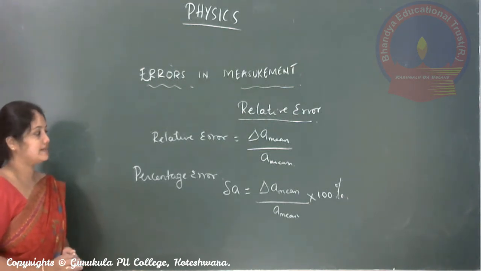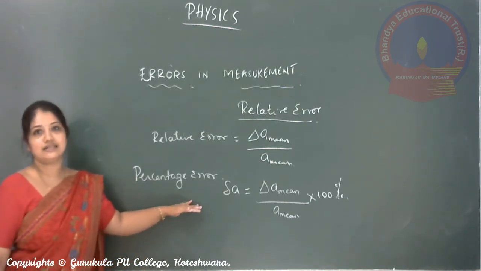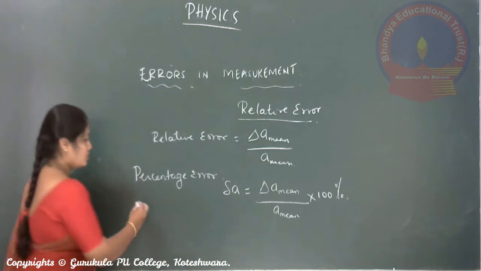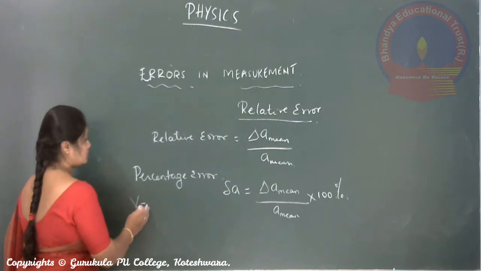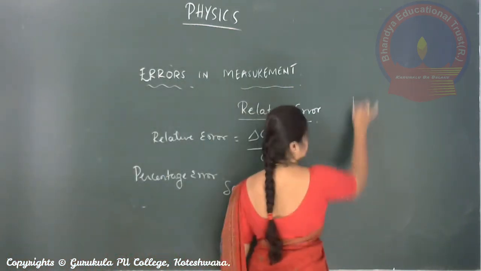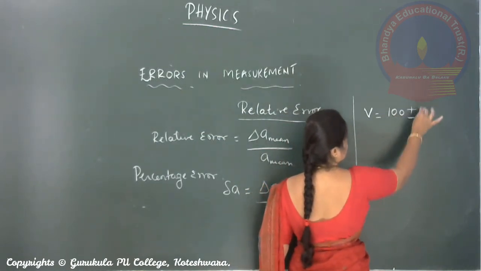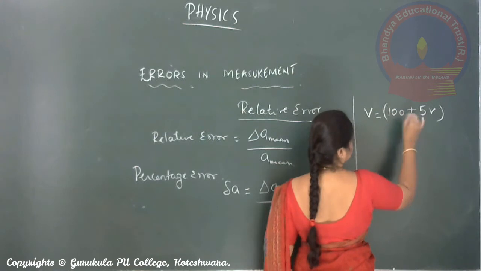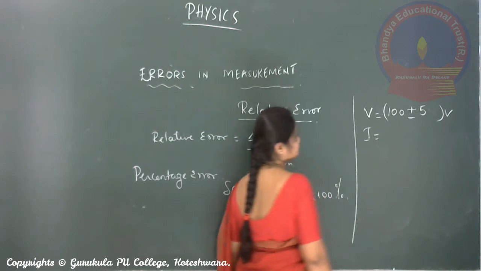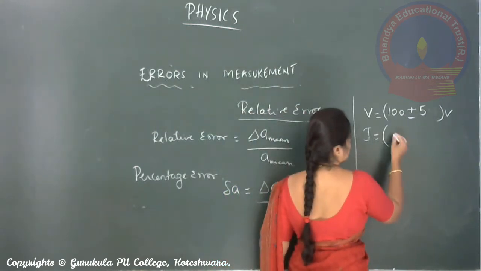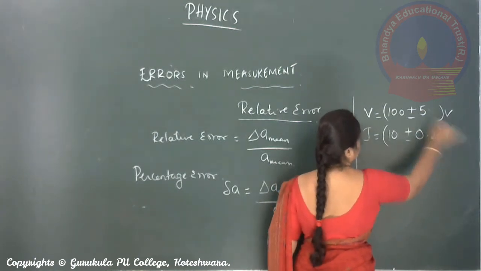Okay. So for example, the voltage V is equal to 100 plus or minus 5 volt and I is equal to 10 plus or minus 0.2 ampere.